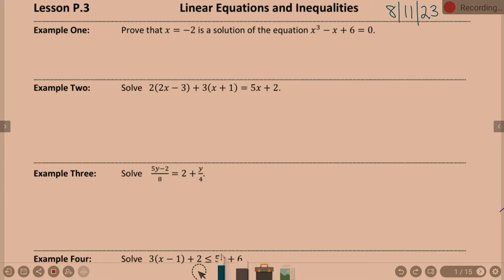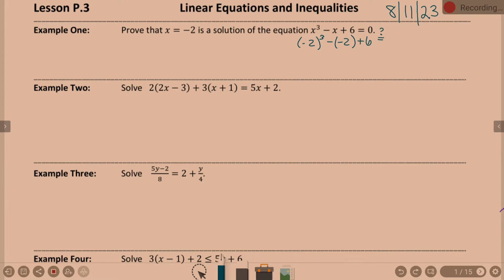Example 1. It asks me to prove that x equals negative 2 is a solution of the equation x cubed minus x plus 6 equals 0. How do I prove that? With negative 2. Does negative 2 make that equation true? So, negative 2 to the third minus negative 2 plus 6.